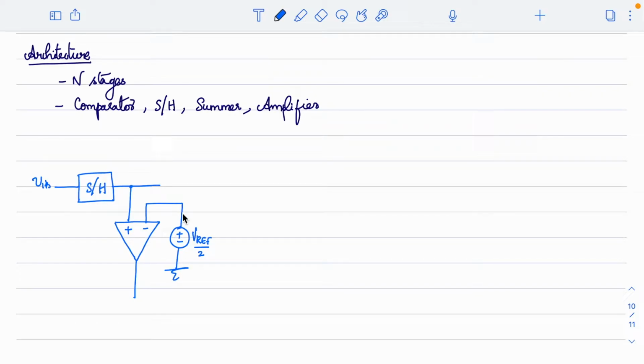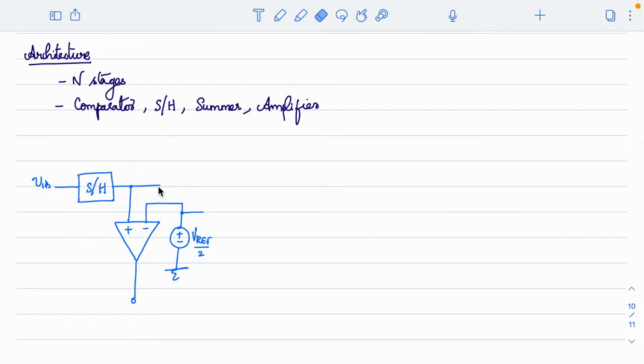Now, depending on the operation, we will decide whether the minus input of the comparator should be connected to this Vref or to some other voltage. Let us see that. The sample and hold output is there, and then you will have a comparator, and the comparator will directly give you some output. All right, let me leave it like this.